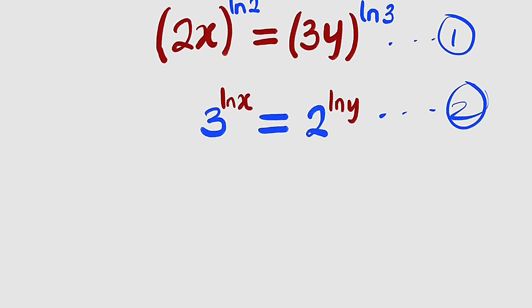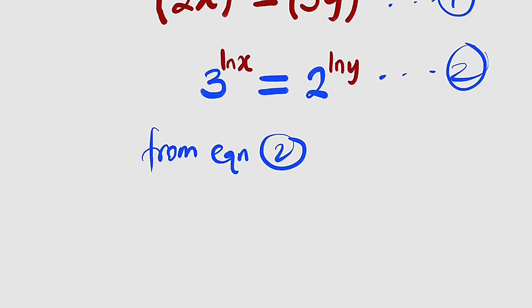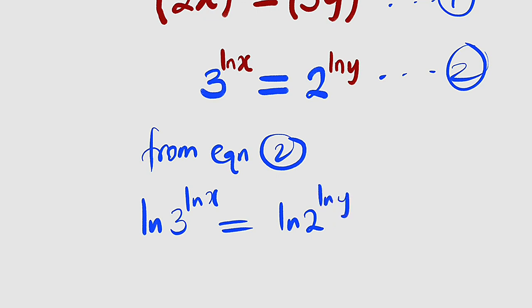Let me start from equation number 2. From equation number 2, we can take ln of both sides. We take ln of the left hand side, and we equally take the ln of the right hand side. From one of the laws of logarithm, these powers can drop down to multiply.